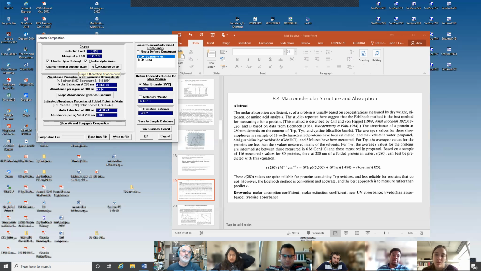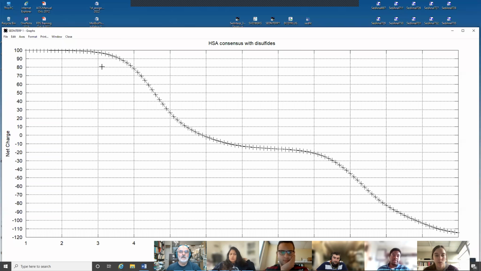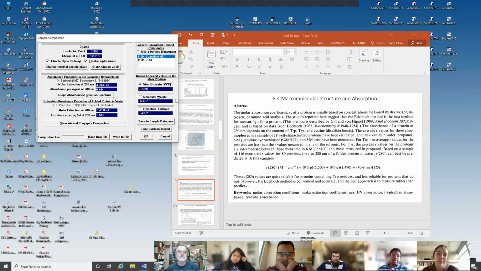It's looking at the titratable groups, and it's telling you where the calculated isoelectric point is, 5.9. It's telling you what the total charge on the molecule is at pH 7, minus almost 13. That's calculated ignoring anion binding or salt binding. You can plot the charge and you can see that it's giving you a number at pH 7, but obviously it changes as you titrate all of the groups.